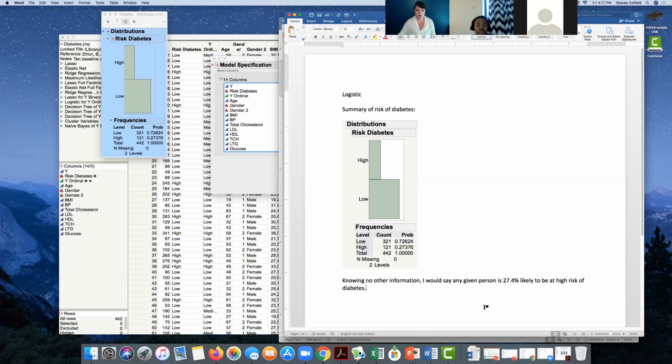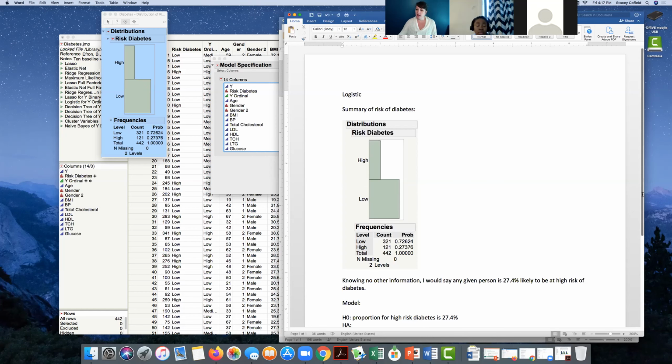Yes. Okay. So the question for the model, our null hypothesis here, is that the proportion for high risk diabetes is 27.4%. That's what we know right now, that's our status quo, that knowing no other information, this is what it is. There's a statistical way to put this, but we're just going to play with words right now.